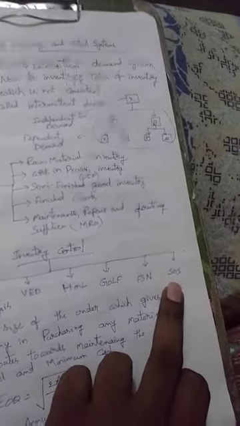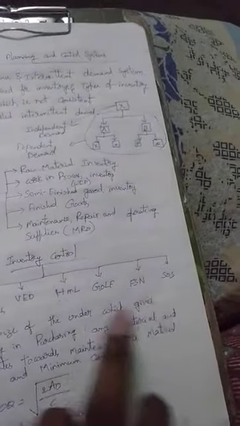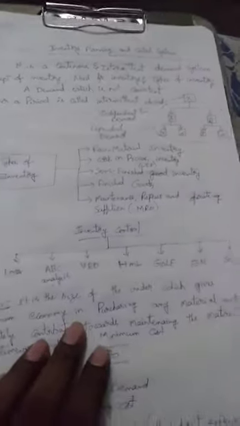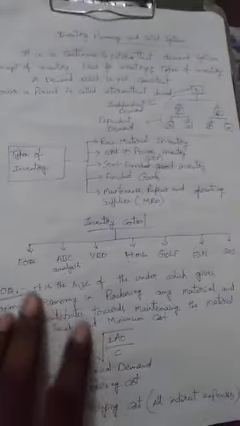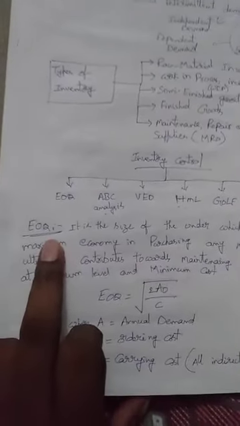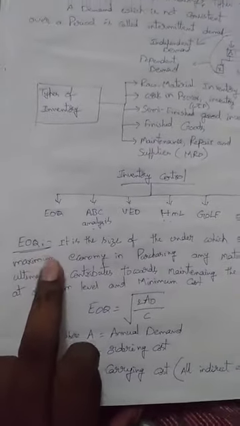SOS is nothing but seasonal and off seasonal. So these are all the different types. This may be an expected question in the fourth unit for the essay type question. So first of all, coming to EOQ, the concept of EOQ is economic order quantity.